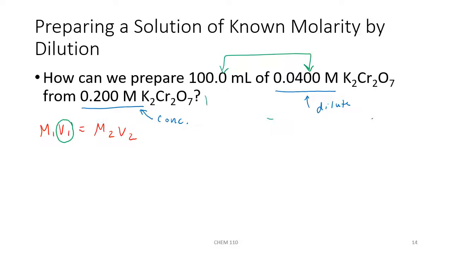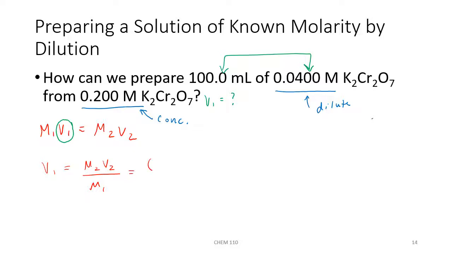We're going to be solving for the volume of the concentrated solution that we need, or V1. We don't know what V1 is going to be, or how much of our concentrated solution we're going to have to pipette. So if we rearrange our formula, V1 will be equal to M2 times V2 divided by M1.